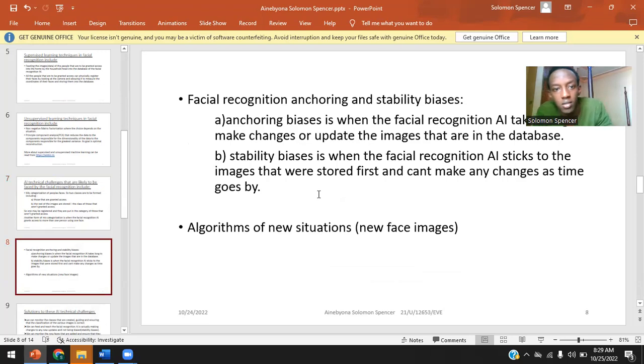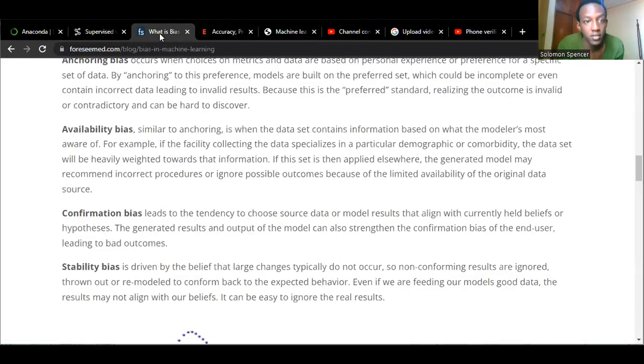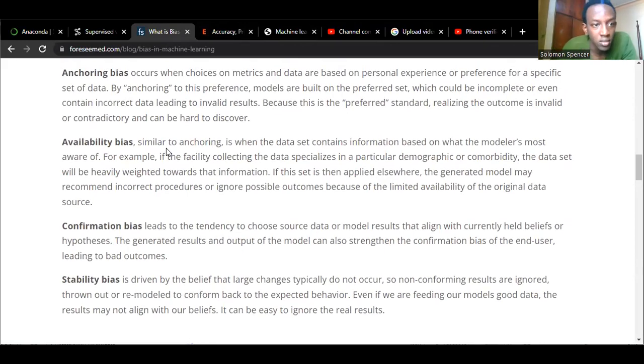Let me share something small talking about that. With biases, these are some of the biases that we have. You can copy it on this website and read more about the anchoring bias and availability bias.